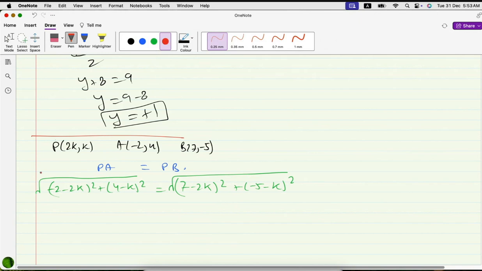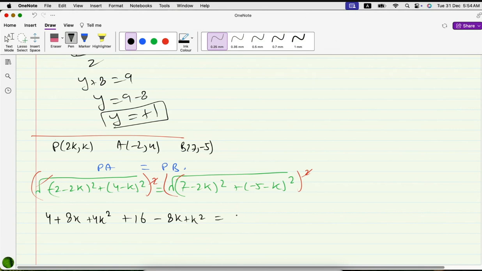Then we go for squaring both sides, get rid of the square root, and inside we solve those algebraic expressions. So a square minus 2ab plus b square.